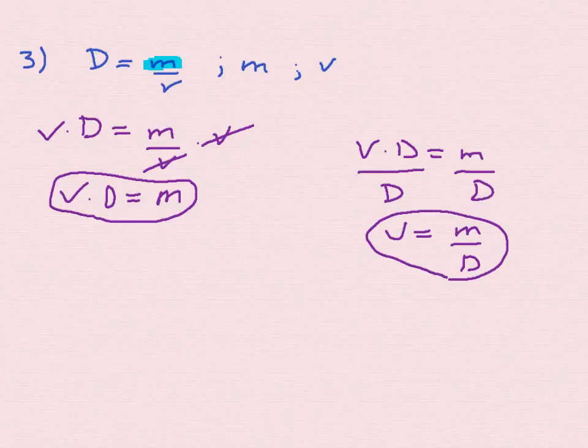So in your booklet it asks you to find out how heavy a piece of copper would be if it occupies a volume of 250 cubic centimeters, and the density of copper is 8.92 grams per cubic centimeter. If you want to solve for the mass, you need both the volume and the density. The volume is 250 cubic centimeters. The density of copper is always 8.92 grams for every cubic centimeter.